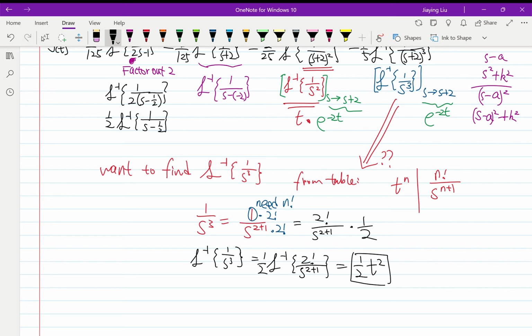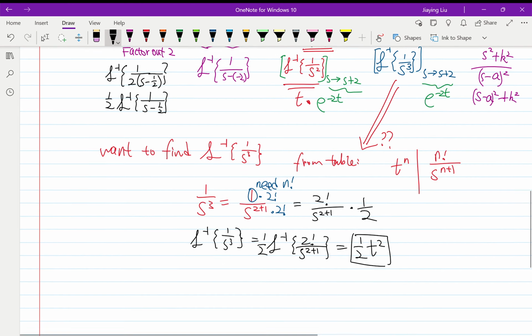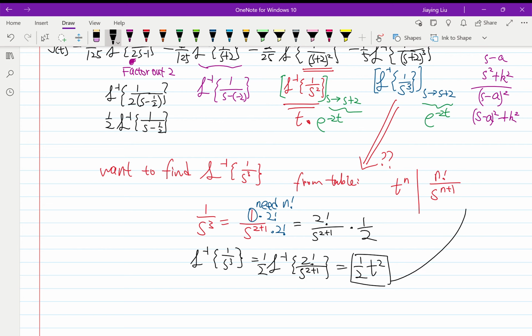So a lot of times at some point you reach a fraction, and you have to manipulate something out of it so that it's in the correct form, so you can find the inverse Laplace transformation. So that goes into this place, and now we can rewrite the final answer.